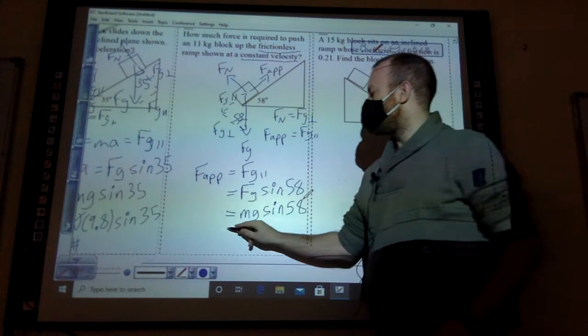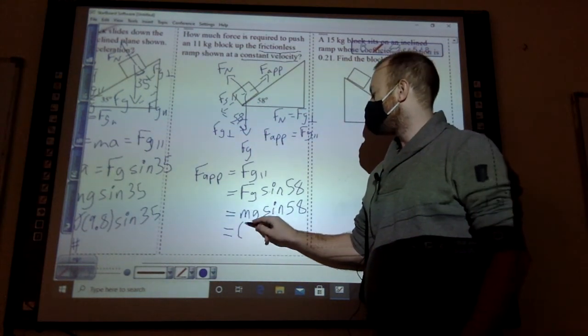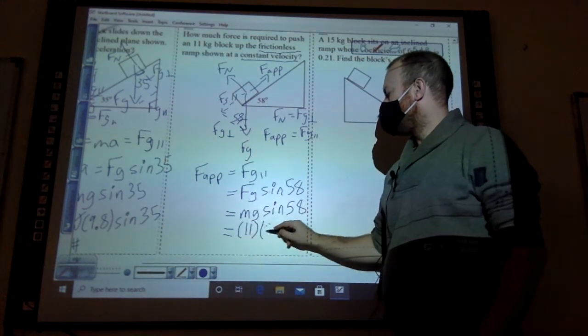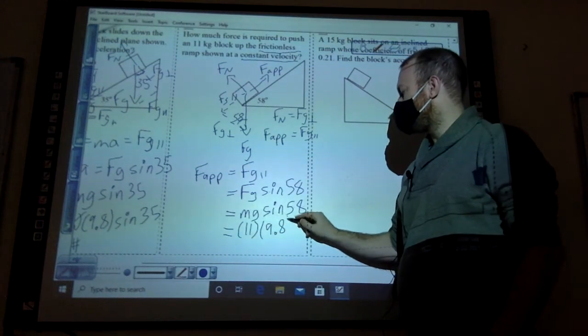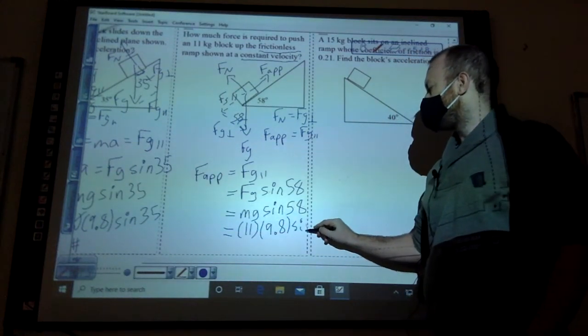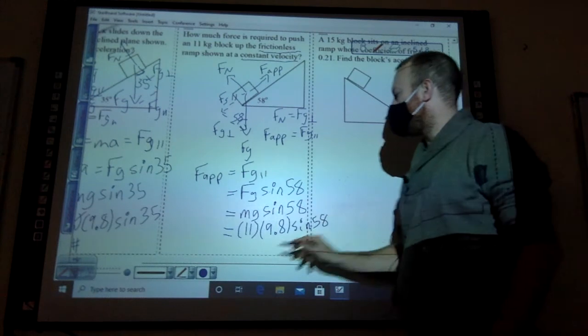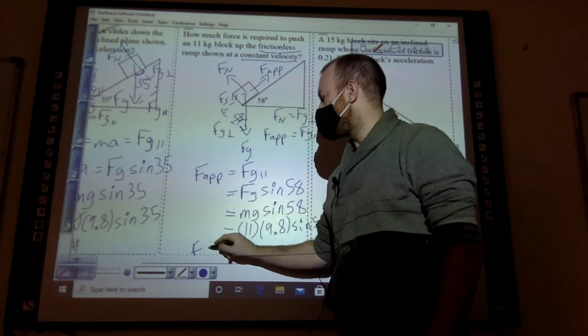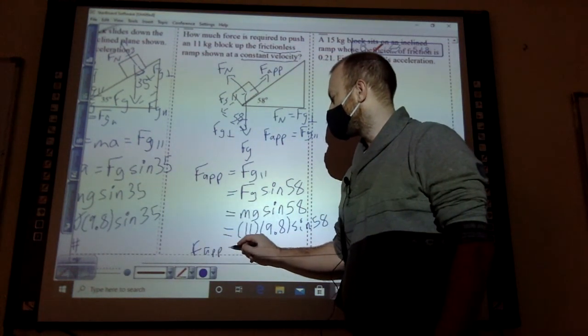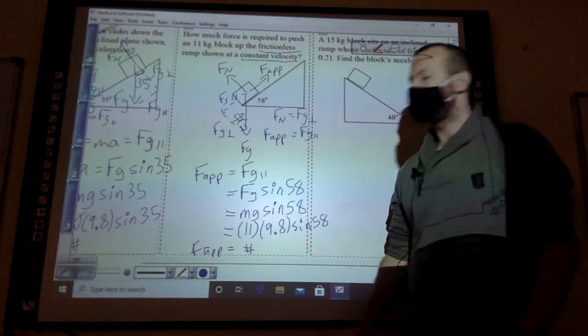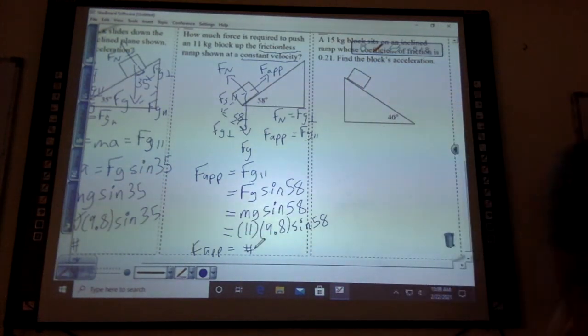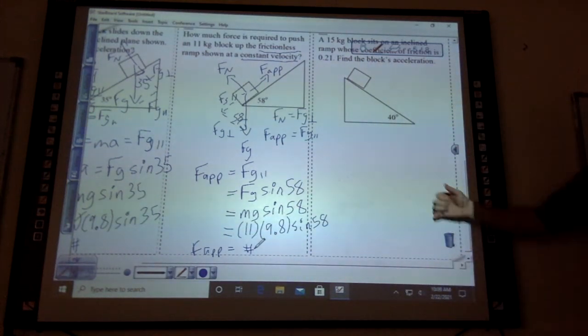And at this point, it's home free. You should be able to do this no problem if you can get to this point. 11 times 9.8 times sine 58, and then you get what your force applied is. Again, some number. At this point, you can plug that into your calculator.